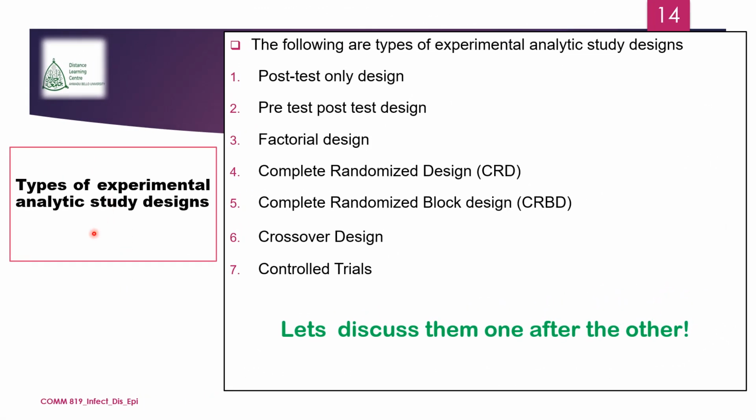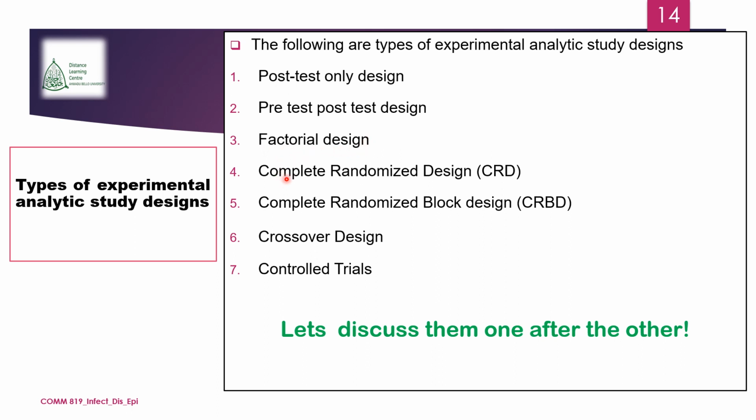So here we have the types of experimental analytic study design. Generally, experimental study design can be of the following types. We have post-test only design. We have pre-test, post-test design. We have factorial design.